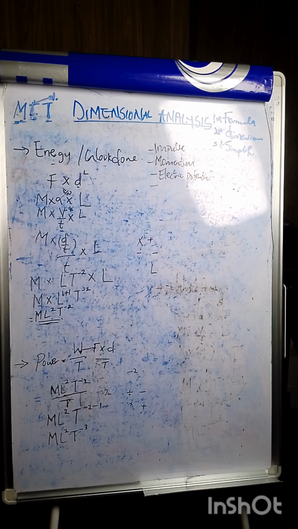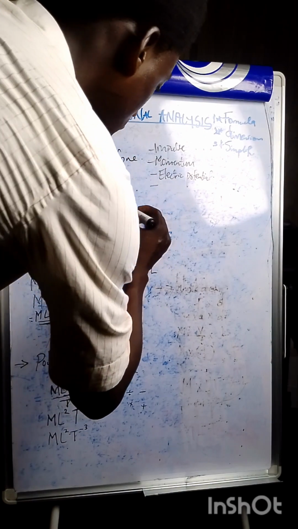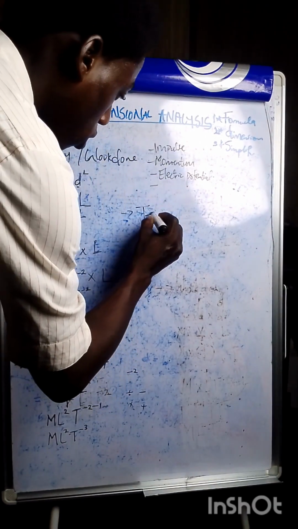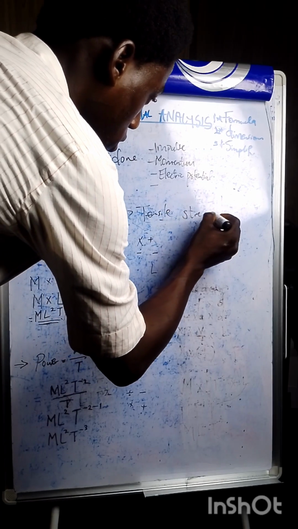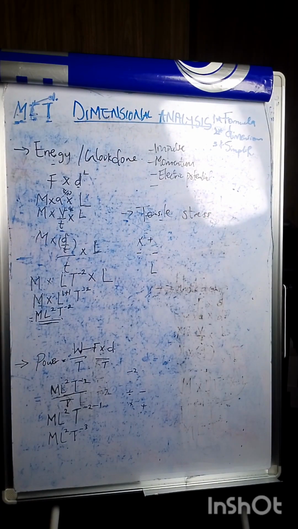Now, your tensile stress. So tensile stress here is actually coming from Young modulus. You know that your Young modulus is the ratio of compressive or tensile stress to compressive or tensile strain. Now, what's the formula for tensile stress?